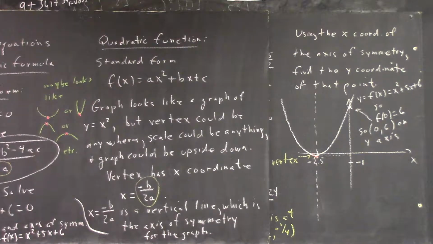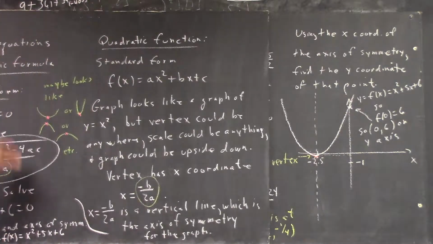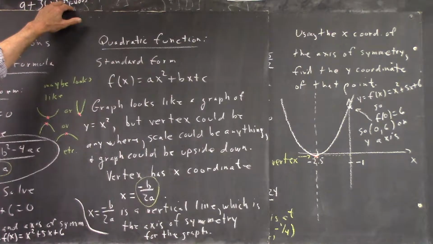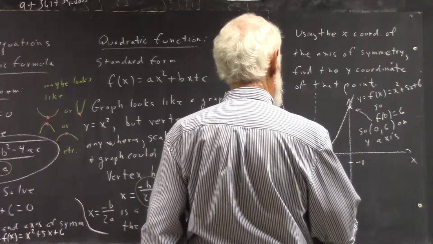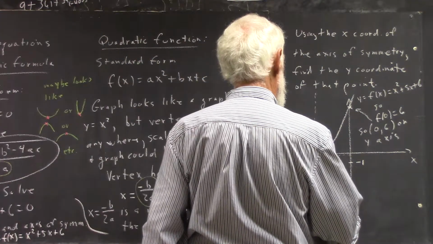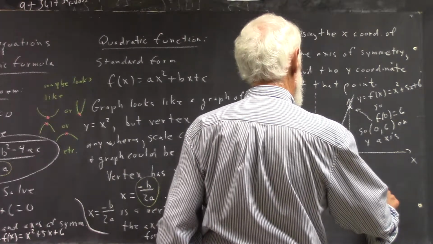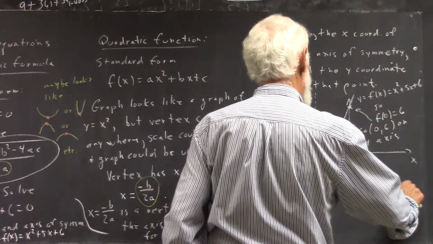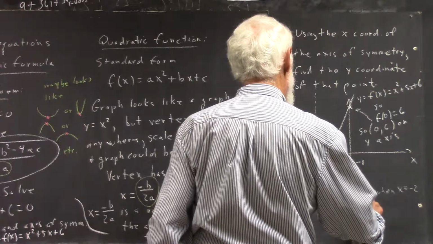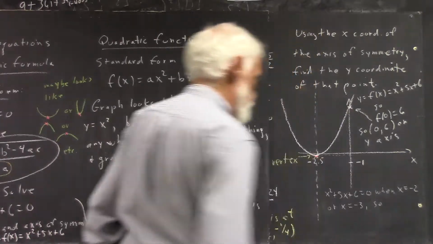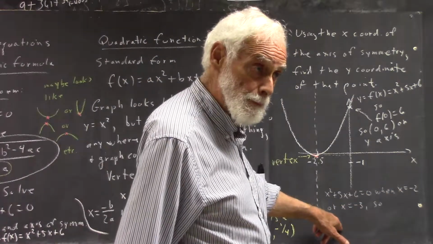Okay, there is just a little more. I had you find where the function was 0, right? Okay, so it's 0 when x is -2 or -3.